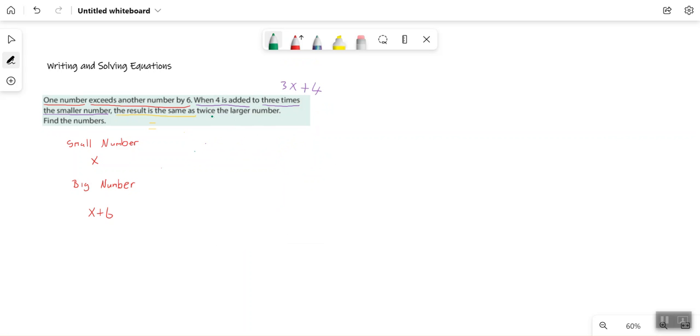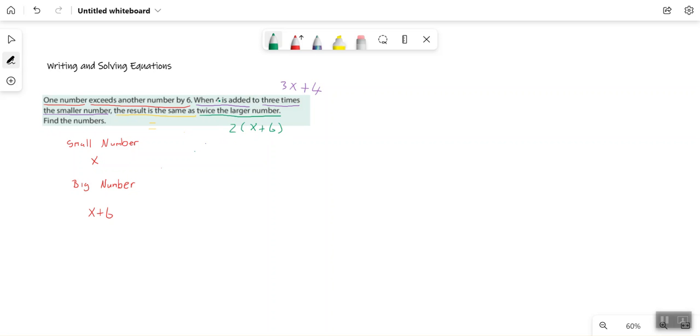So twice the larger number. The larger number is x plus 6, and if we get twice that, then twice that is going to be 2 times x plus 6.